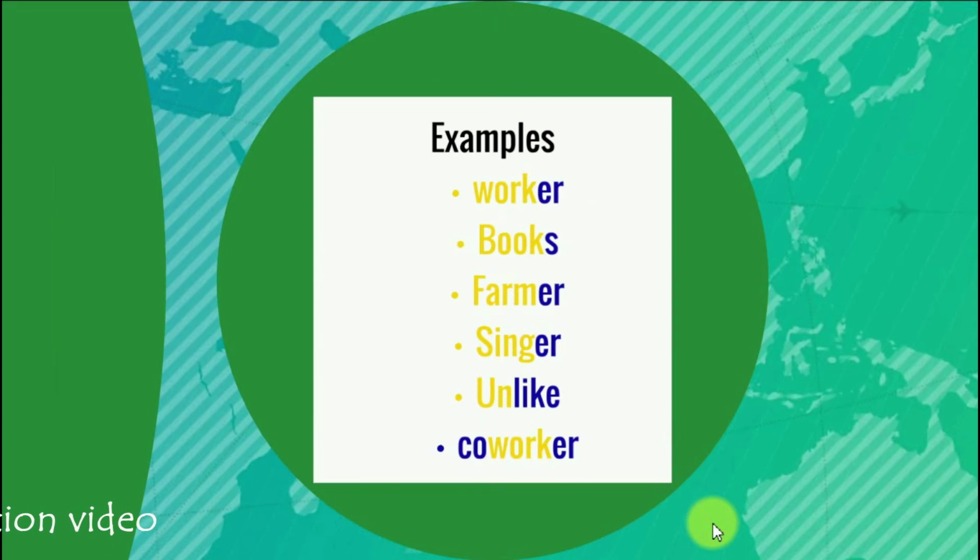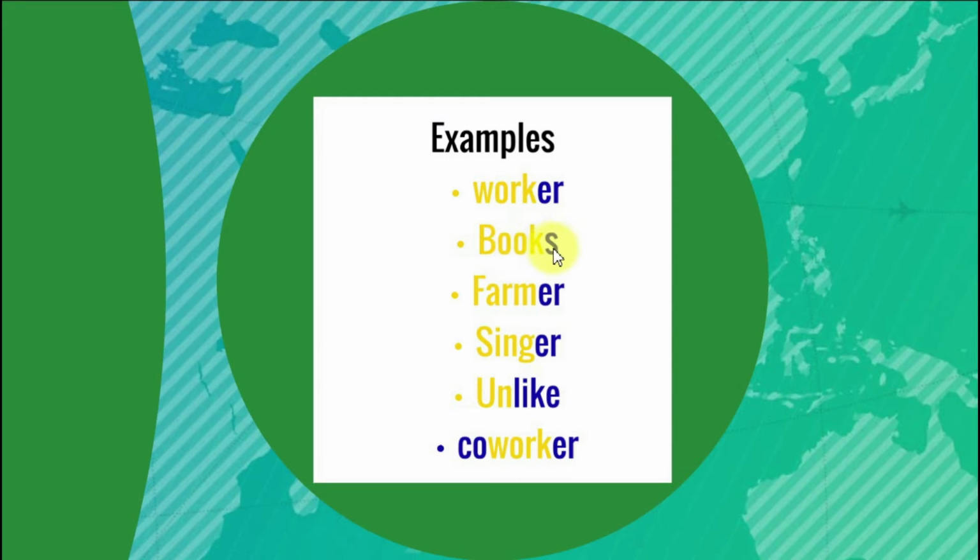One more thing. Here is an example for you to understand. Take "worker". In worker, we have two morphemes: "work" is one morpheme, and "er" is the other. So we have two morphemes. "Book" is just one morpheme.